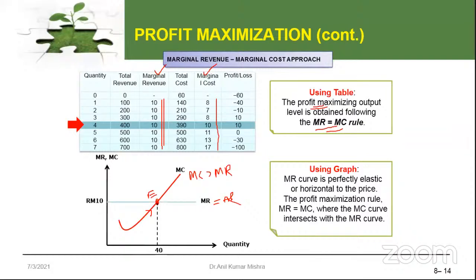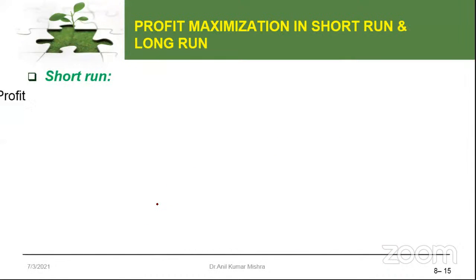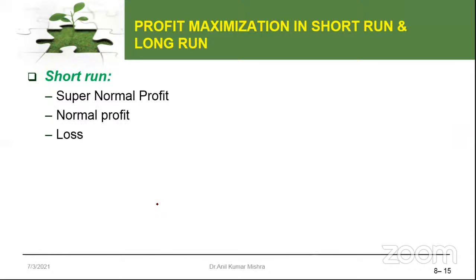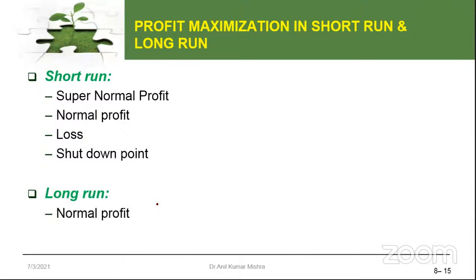In the short run, we come across four different situations: supernormal profit, normal profit, losses, and shutdown point. But in the long run, we study only one, the normal profit.